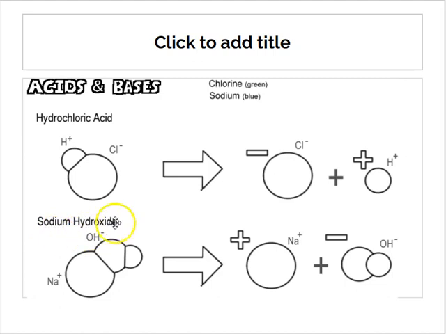If you have a substance like sodium hydroxide, and the sodium and the hydroxide ions dissociate when they are in a solution, what happens now is you have a surplus of the OH. So now we're talking that base. Right here, sodium hydroxide dissociating into hydroxide ions makes that base.